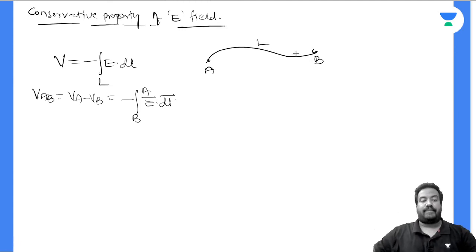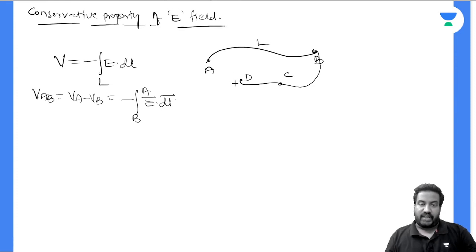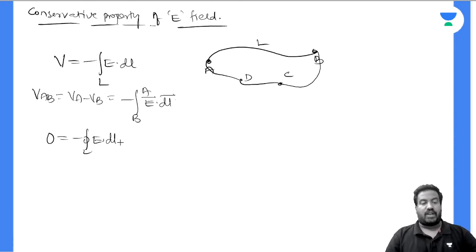Now you see VAB is equal to VA minus VB. If we extend this up to C, now you get VAC. What is VAC? VAC is VA minus VC. Extend it, you get VAD, which is VA minus VD. Now extend it up to A. VA minus VA, 0. Implies whenever you close this loop, the value of potential will become 0. 0 is equal to minus closed loop integral of E dot dl. Implies closed loop integral of E dot dl is equal to 0.